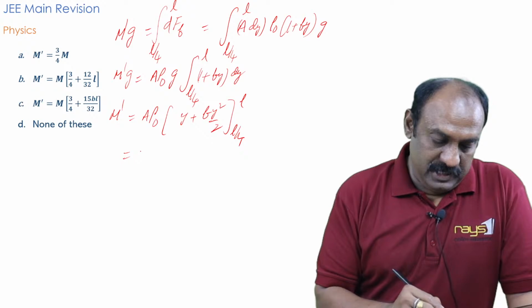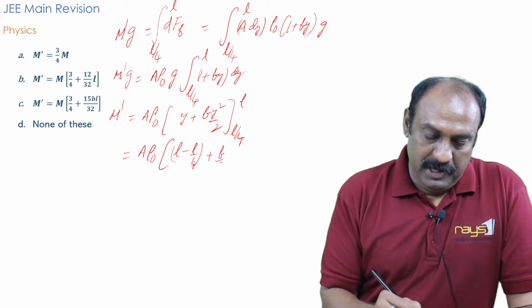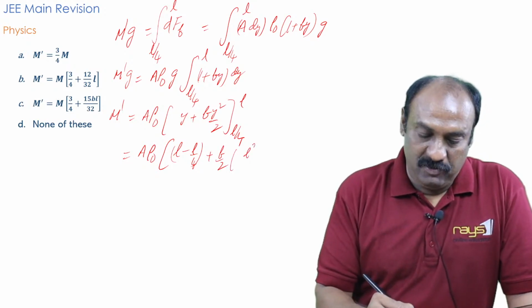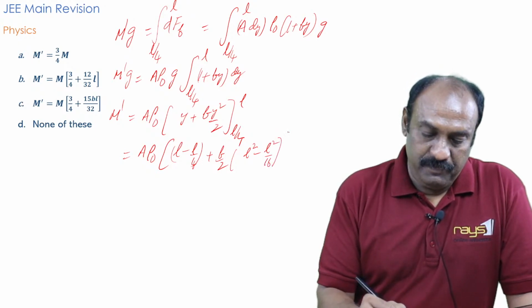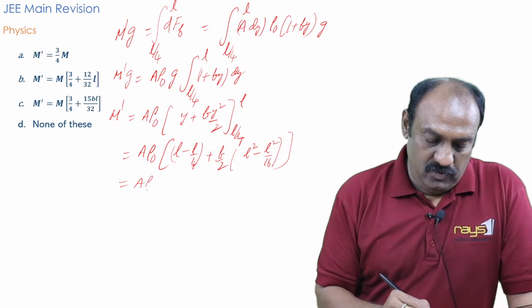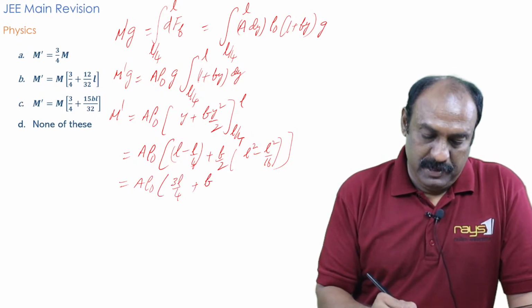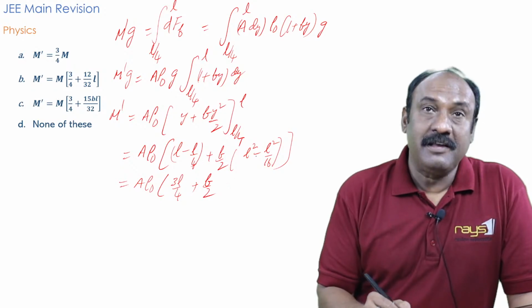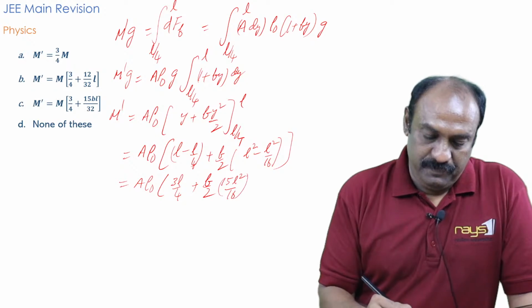So from this we get a rho naught into (L minus L by 4) plus b by 2 into, by applying the upper limit it is L square, minus, by applying the lower limit it is L square by 16. That is equal to a rho naught into 3L by 4 plus b by 2 into (16 L square minus L square) by 16, that is 15 L square by 16.